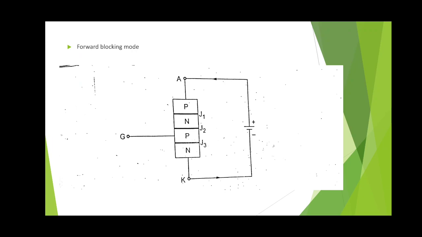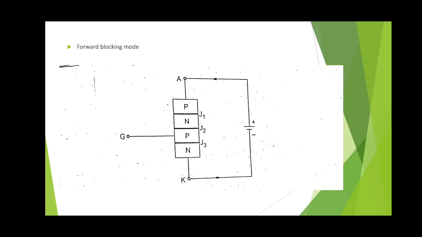The thyristor is said to be forward biased when anode is made positive with respect to the cathode. Due to this forward bias, junctions J1 and J3 are forward biased, but junction J2 is reverse biased. Hence, the forward voltage is to be held by junction J2.